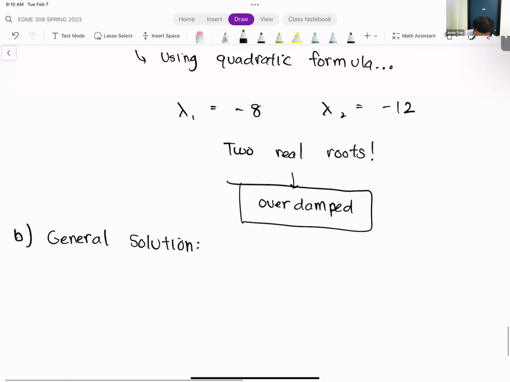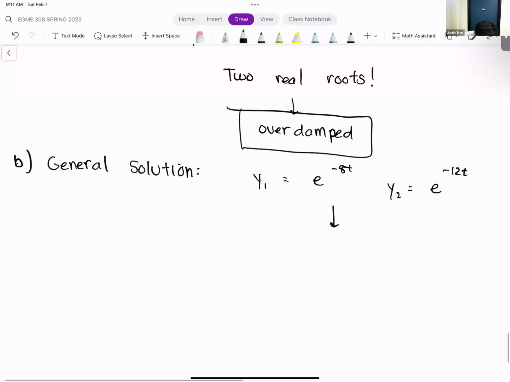Our solution y1 is going to be e to the minus 8t, and y2 is going to be e to the minus 12t, based on the two roots of our characteristic equation. If we take a linear combination of these two solutions, we get y(t) equals a e to the minus 8t plus b e to the minus 12t.